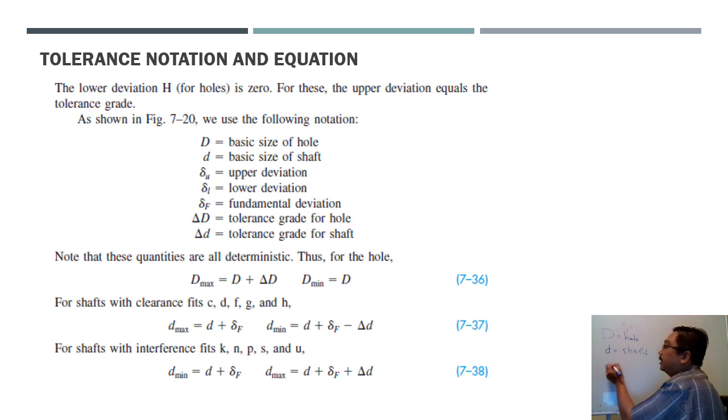Delta U is the upper deviation, and delta L is the lower deviation. Just remember that, because in the question it will just show you the symbol, and you should know what the symbol represents.